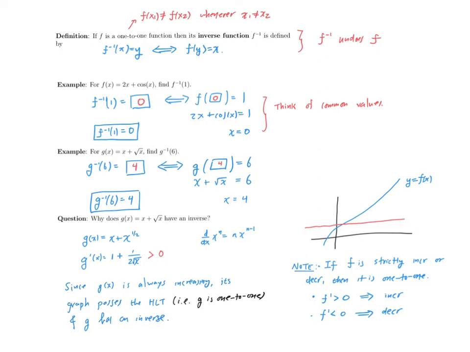And that answers a question that we've been asked. So once again, to reiterate, if a function is strictly increasing or decreasing, then it is 1-to-1 and must have an inverse. From a calculus perspective, strictly increasing means a first derivative which is always positive. Strictly decreasing means a first derivative which is always negative.